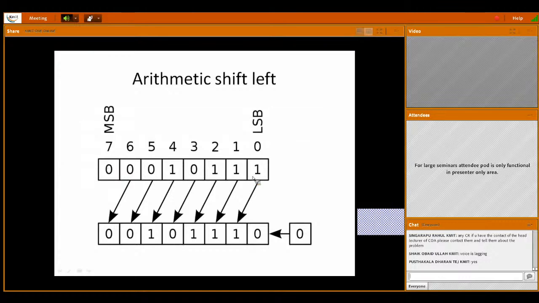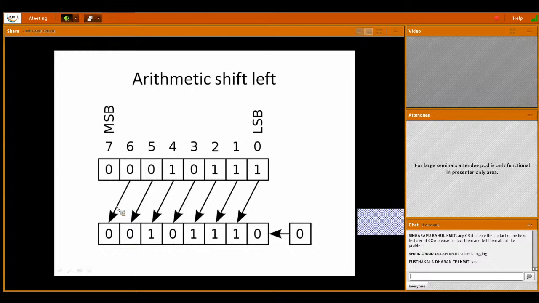This is the content of the register. Arithmetic shift left is simply equivalent to shift left. How, we'll see here. When you perform a normal shift left, starting from the LSB, you shift the bits of the data one by one to the left side.